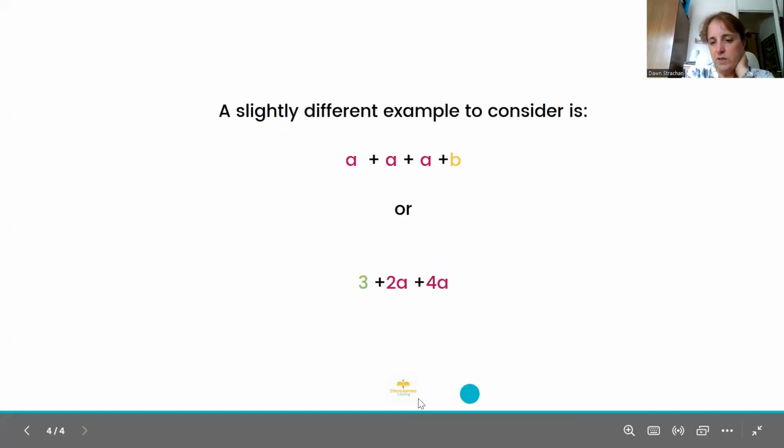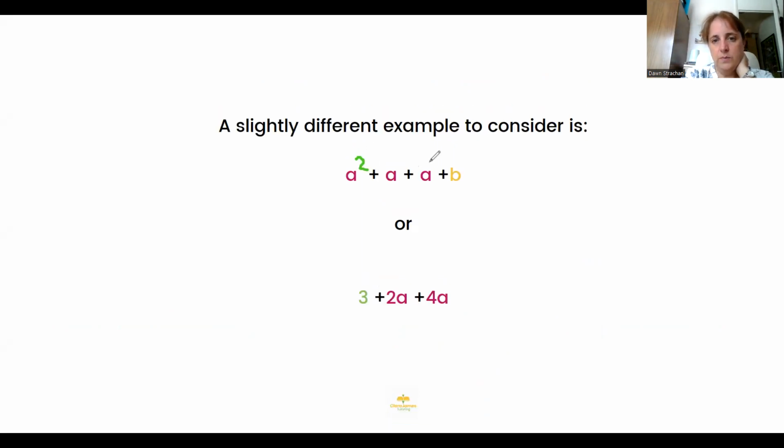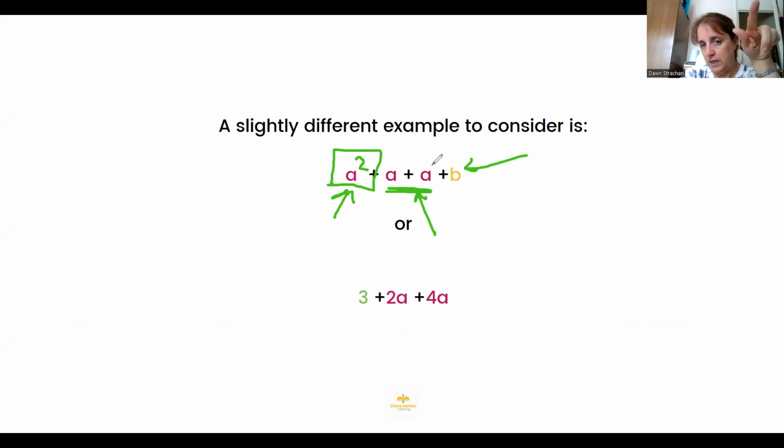If I was to have a question which was a squared plus a plus a plus b, don't match my a squareds with my a's, because imagine this is my gravy, this is my orange juice, and this is my custard. Individually, they're all really nice, but I wouldn't mix them because they would taste disgusting. So keep everything in its own category.